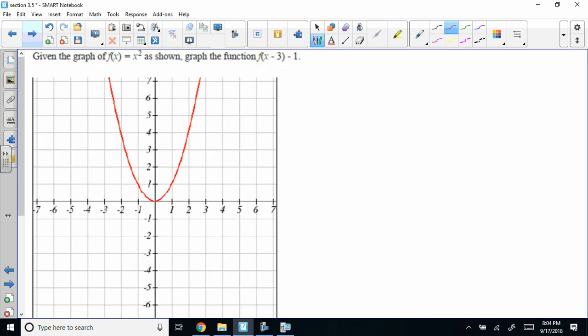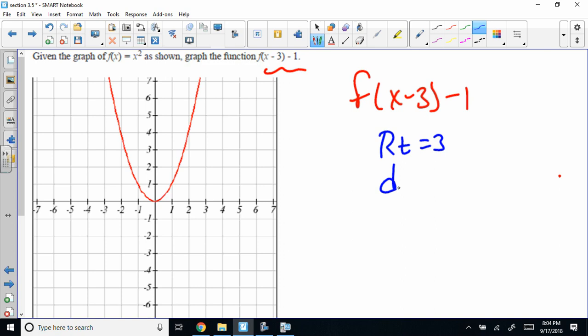Okay, so let's look at this one. What are we going to do with this? f of x minus 3, minus 1. What's happening? It's going right 3, down what? So let's take this point, 0, 0. Let's go to the right, 1, 2, 3, and down 1, right? So that's where my new one is, right?